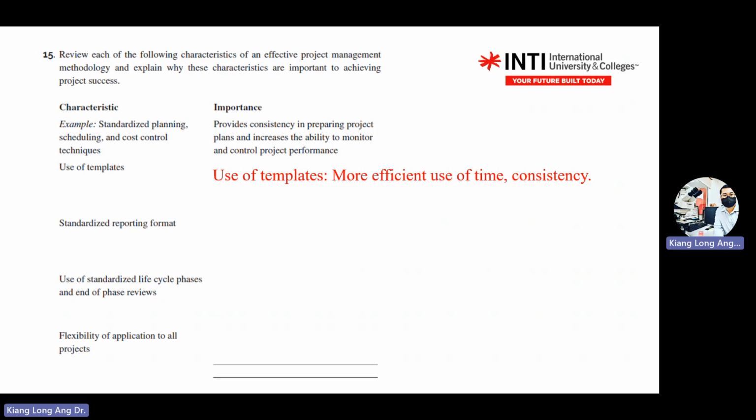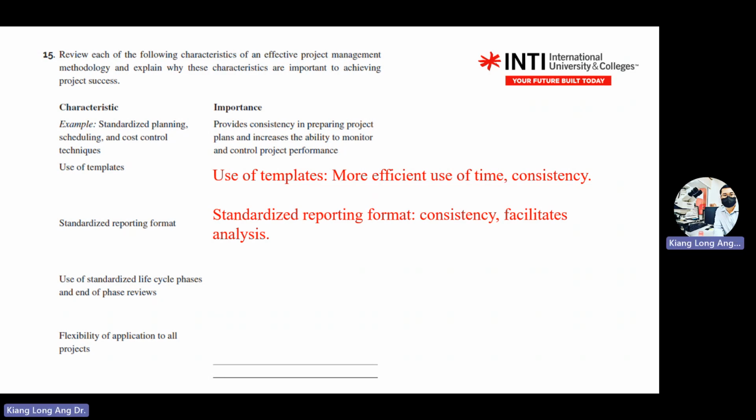Okay, what if you have a standardized reporting format? Still the same, you use the word consistency. If you have a standardized format, it means you have consistency and you facilitate analysis. So when you have standard report writing, you can do comparison.